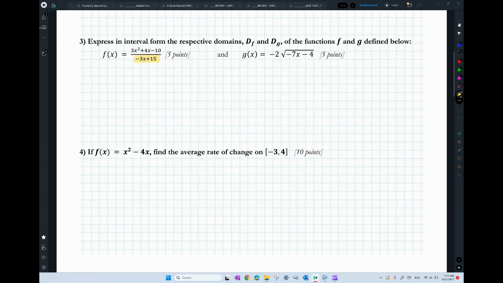Here I've got a division, so I've got the possibility of a division by 0. That means that the domain of f will be equal to, so that's one way of doing it, the values of x such that negative 3x plus 15 is not equal to 0.